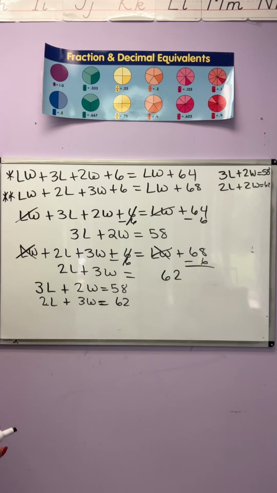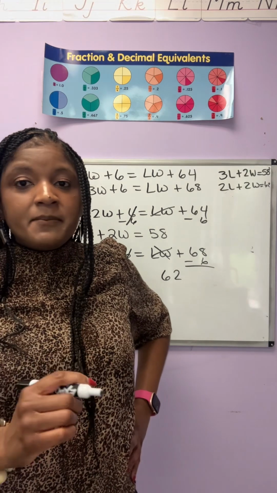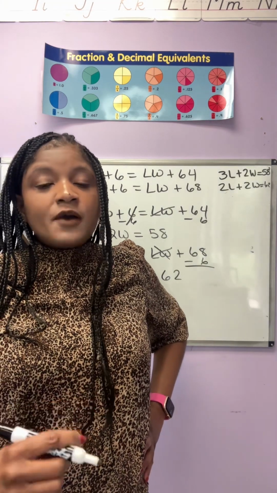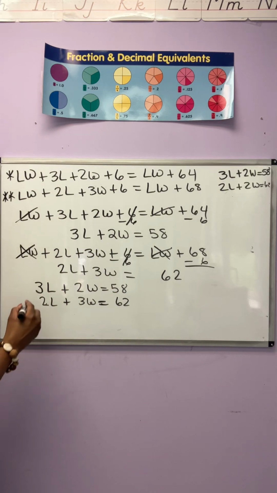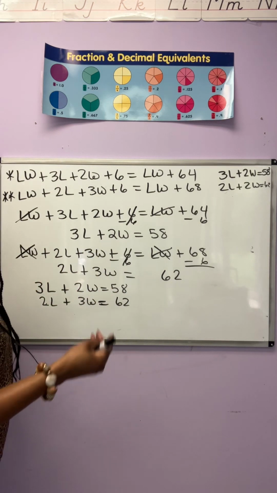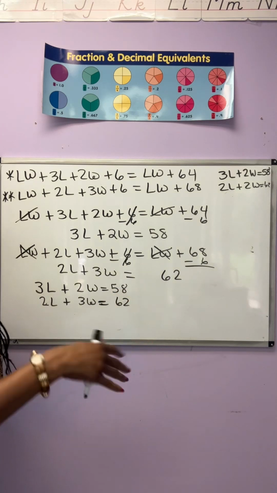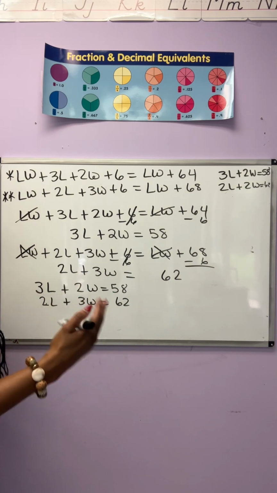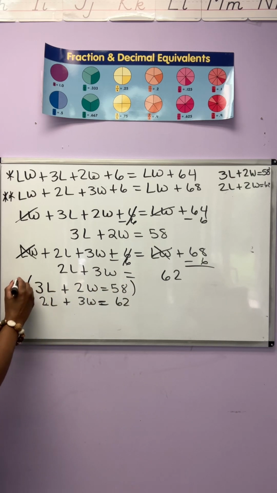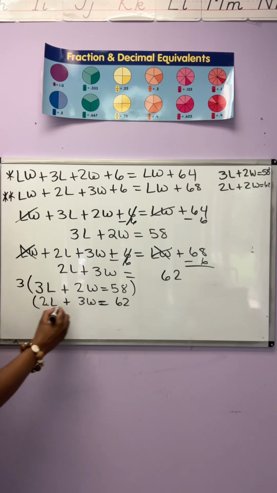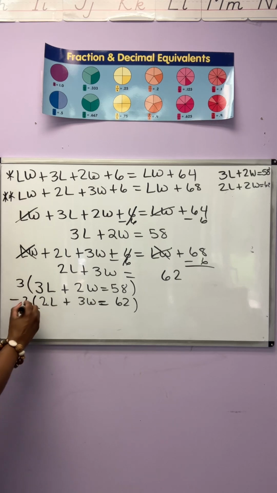Well, you're going to have to think of a number yourself that's going to help you eliminate that, because the goal is you want the numbers to be the same, but the signs to be different, so that way they can cancel out. I know they will have 6 in common, because if I go 2, 4, 6 and 3, 6, like I said, think of it like least common multiple. 6 is what they're going to have in common. So I'm going to multiply my top equation by positive 3 and my bottom equation by negative 2.